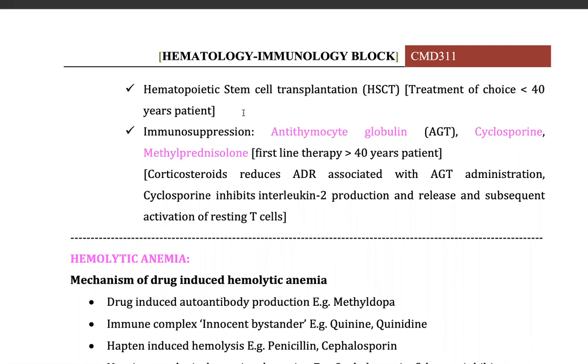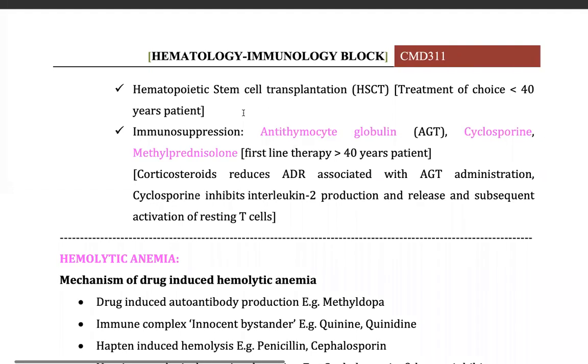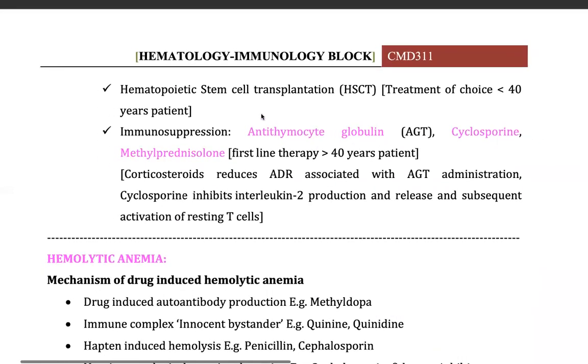So for your MCQ, there might be a question: a 35-year-old patient with aplastic anemia, which of the following drugs or therapy would you recommend?